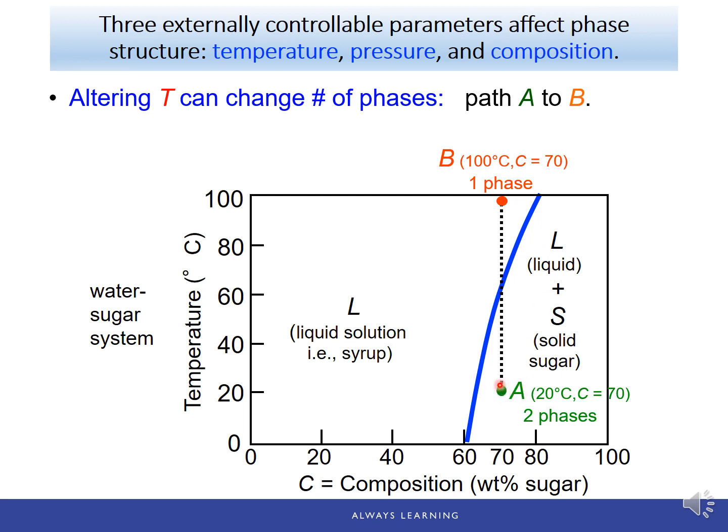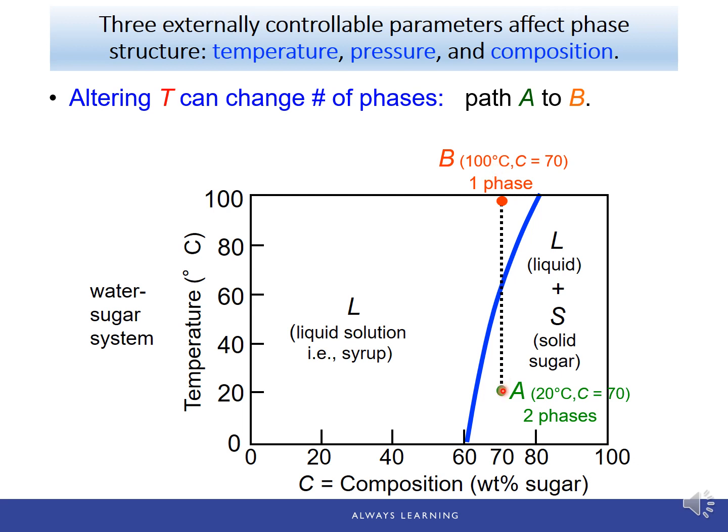When we increase the temperature while keeping the composition at 70%, we will enter the one-phase region. So the number of phases decreases from two phases, liquid plus solid, to a single liquid phase at 100 degrees Celsius. So this is easy to understand.